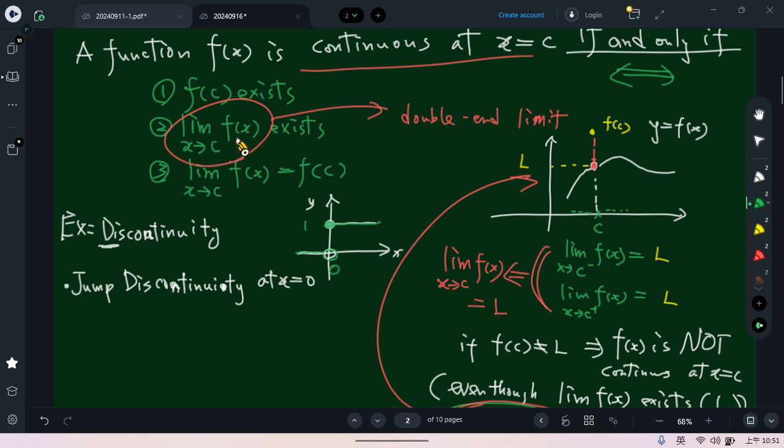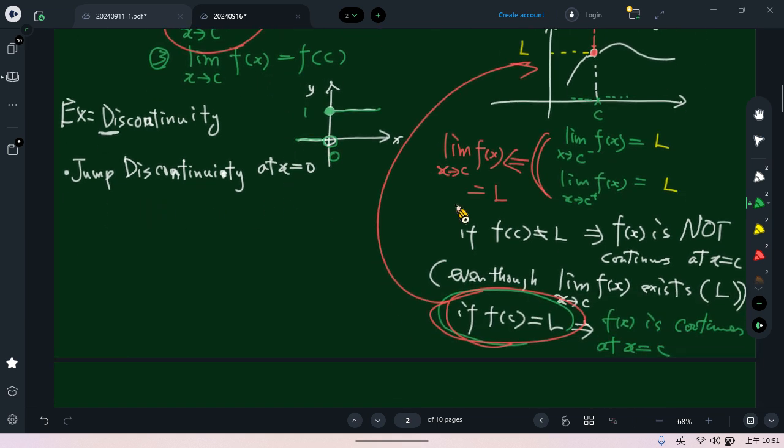So the rule 2 will not hold. Not to mention the rule 3, right?